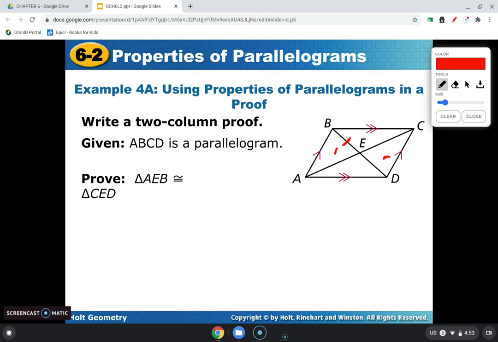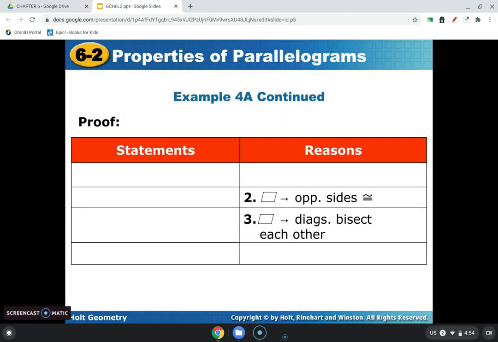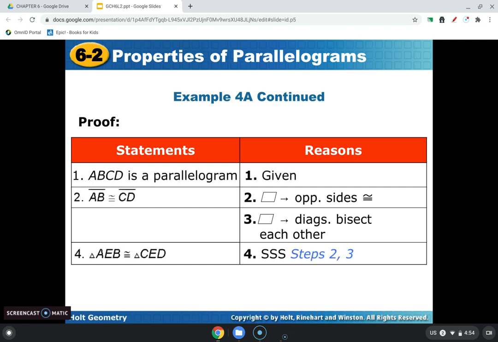We know that they bisect each other, and then we'd have vertical angles, so you could go side angle side. You could use alternate interior angles and go angle side angle. There's all sorts of different ways to do that. They decided to use side side side because opposite sides are the same.